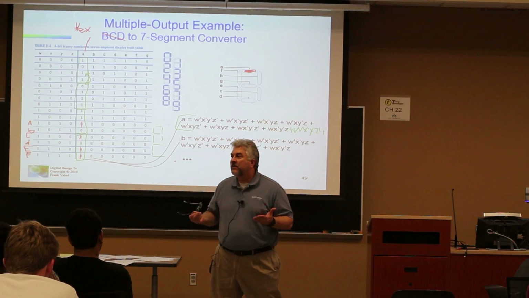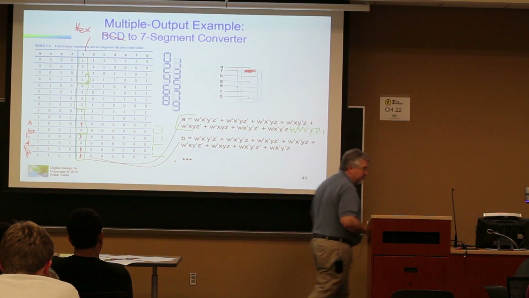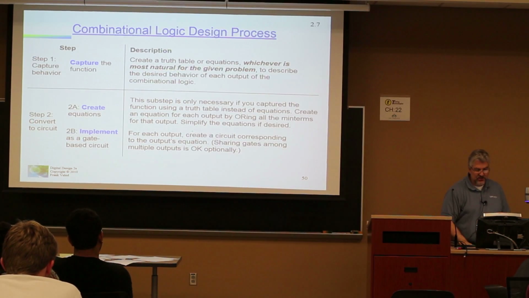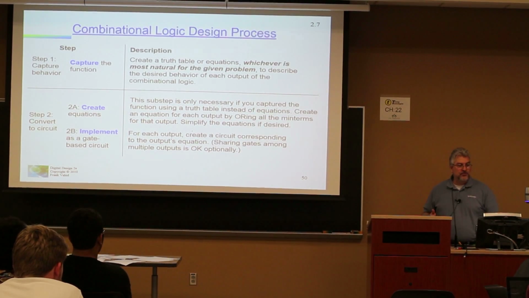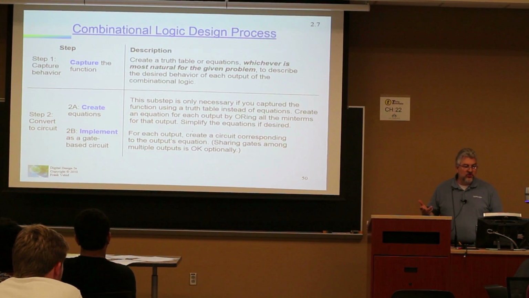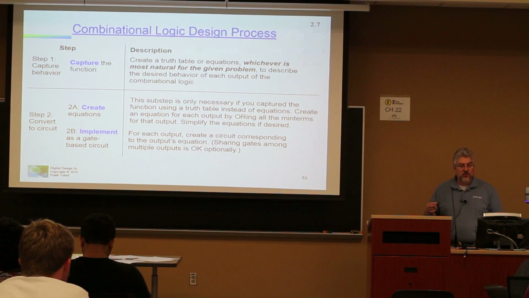Now, let's talk about how you would do a design, a digital design. That's actually when we're talking about the design process. So the first thing is to capture the behavior. Create a truth table or equations, the most natural for a given problem.